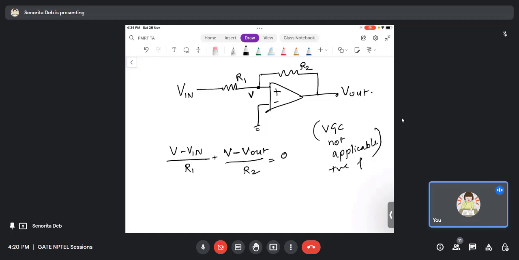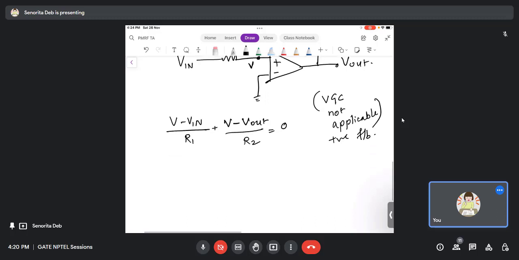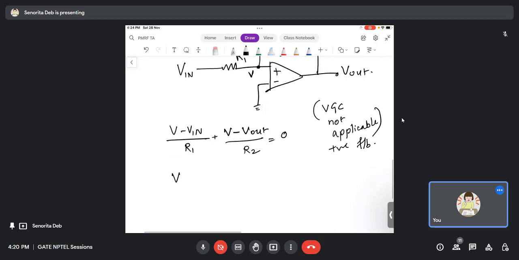Now you solve it and you will get V as R1 by (R1 plus R2) into V out plus R2 by (R1 plus R2) into Vin.